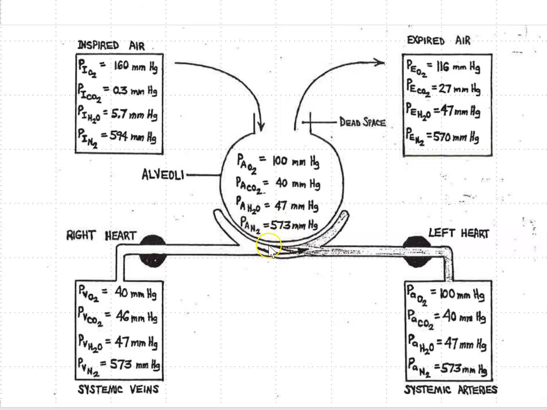So after gas exchange, the blood that goes to the left side of the heart is rich in oxygen and poor in CO2. So this is oxygen-rich blood that enters the left side of the heart to be pumped to different parts of the body.